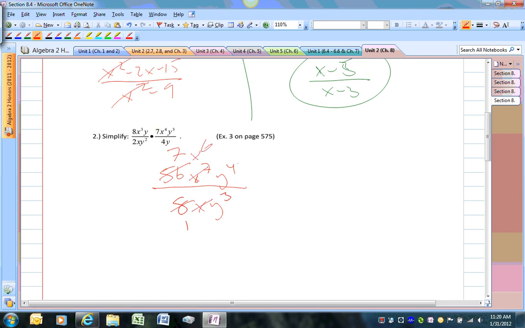And y^4 over y cubed reduces to just y. So nothing's left on the bottom, just a 1. 7x^6y. Very simple.